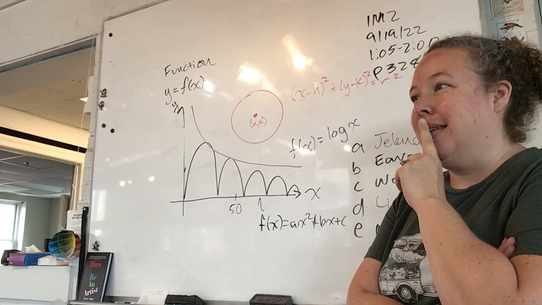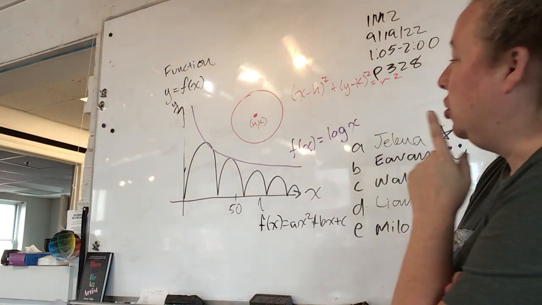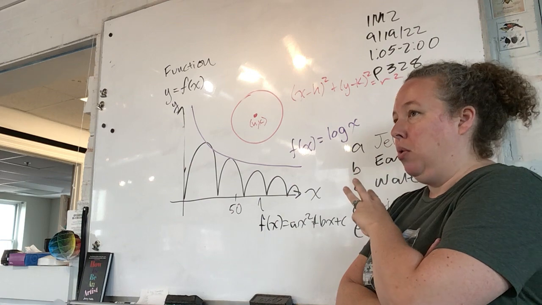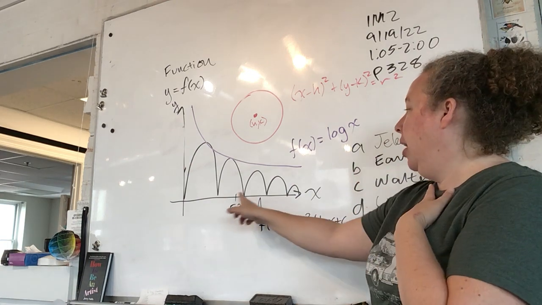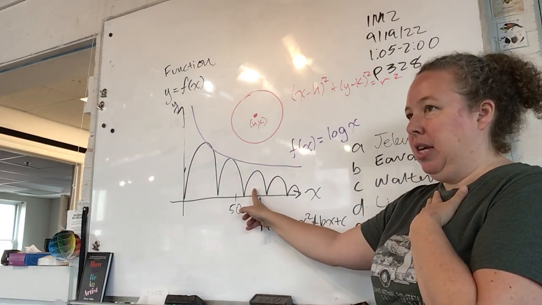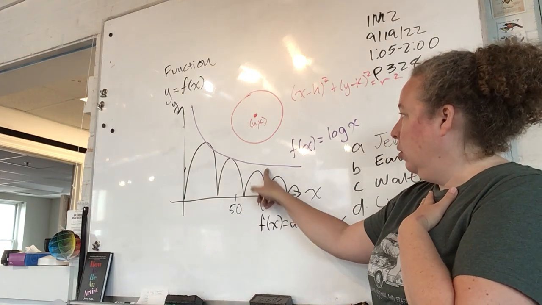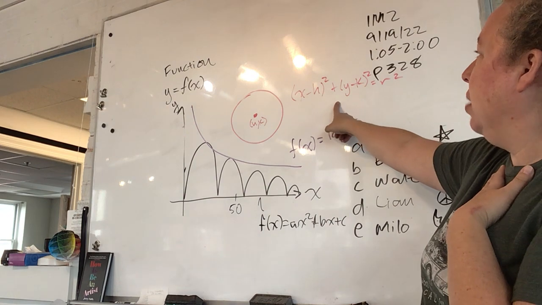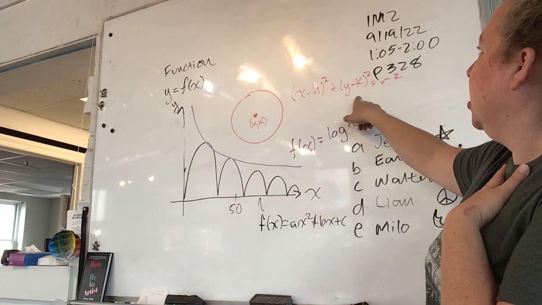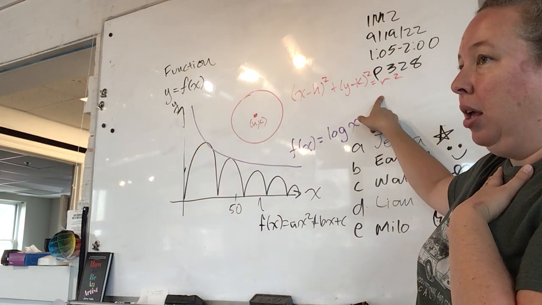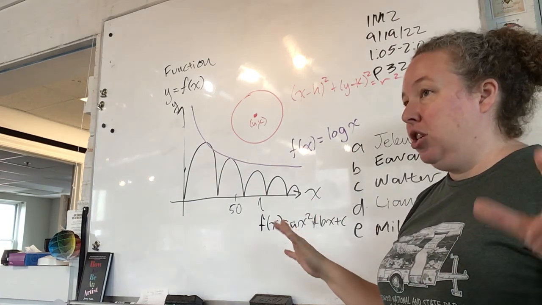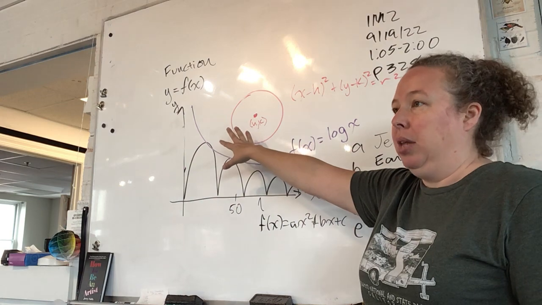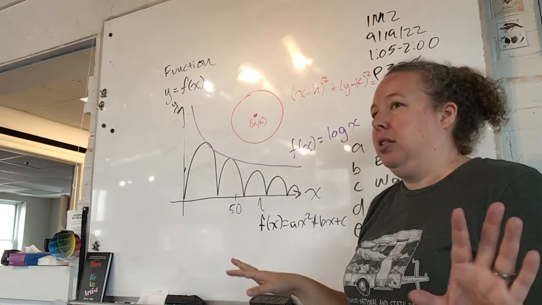Yes. So right now we have three graphs of equations on the board. We've got ax squared plus bx plus c. We've got log of x. And we've got (x minus h) squared plus (y minus k) squared equals r squared. All of these are real equations that we can graph on the xy coordinate plane. There's nothing about that part that's a trick question.